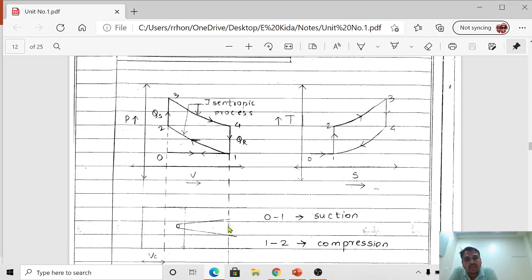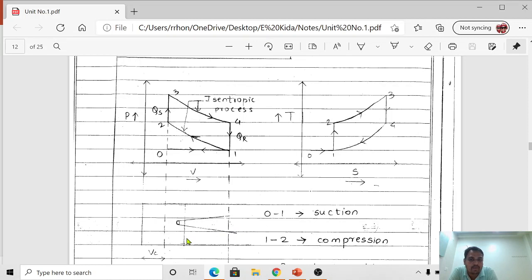Now in this case, initially during suction, that is process 0 to 1, the piston will move from top dead center to bottom dead center. Please concentrate on this mouse indicator. Let us consider this is the top dead center and this is the bottom dead center.